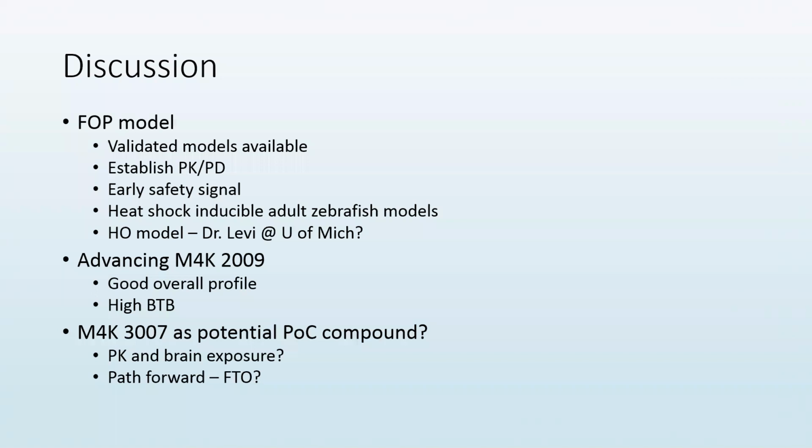I know that there's heat shock inducible adult zebrafish models as well, which might be interesting in terms of looking at higher throughput experiments that could allow us to really prioritize compounds quicker. And then the model that Michael Franti showed us from Dr. Levi at University of Michigan might be an option as well.